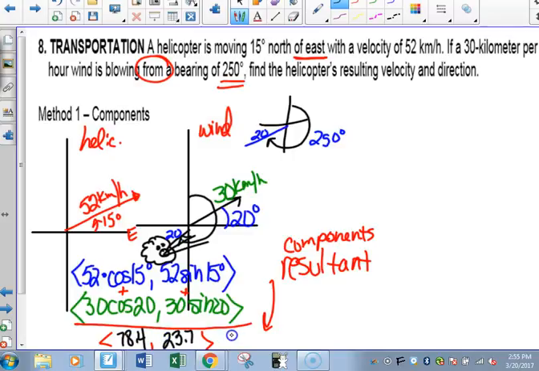Please be typing so that you know where I'm getting these numbers. Otherwise, you're like, I'm doing magic. You do have to close the parentheses here, but I'm adding these two numbers together to get 78.4, and then these two numbers to get the 23.7. Did anybody not get those two?